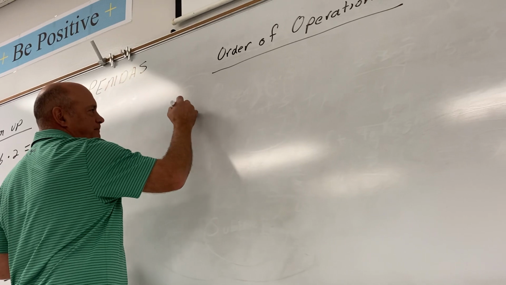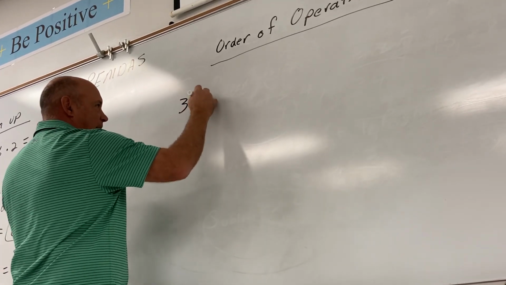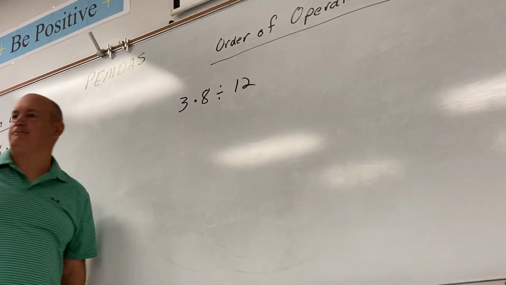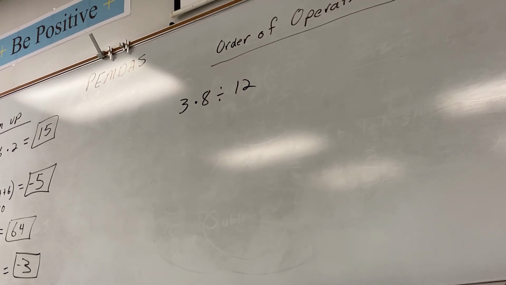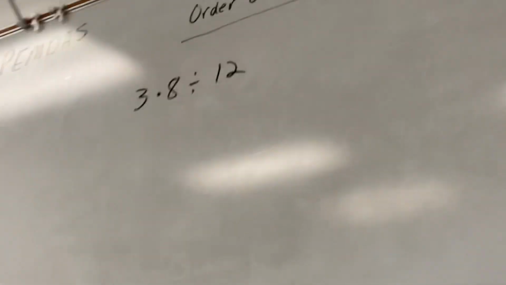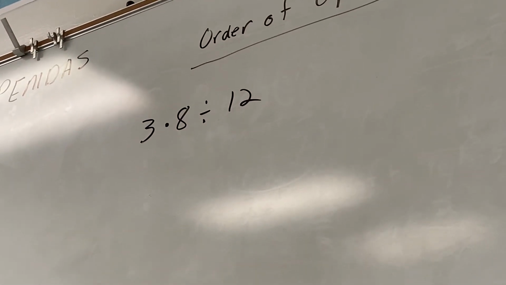We'll start with this one. 3 times 8 divided by 12. Somebody tell me how I work this problem. Let's go with Bella. 3 times 8 first, because it's overlap.